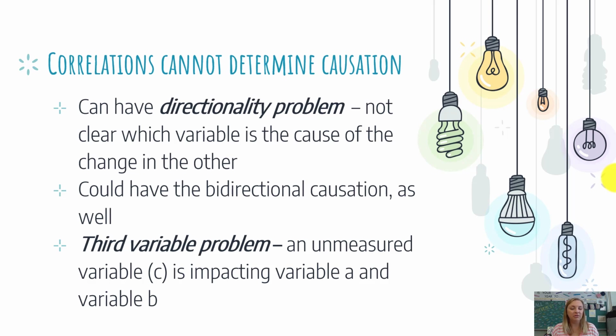That third variable, sleep, is impacting both of the variables, A, sugar, and B, energy. And so this problem of a third variable leads us to not really being able to determine which is the cause of the relationship between these two things.